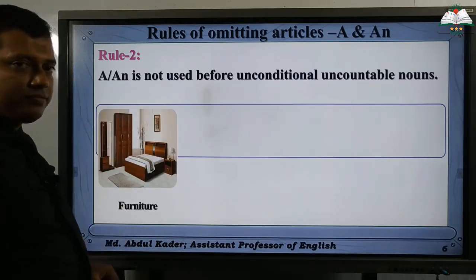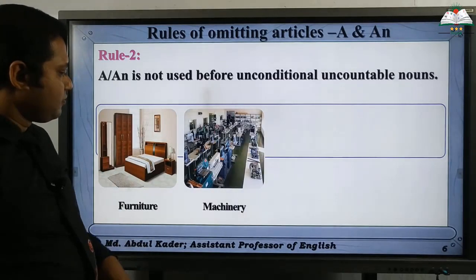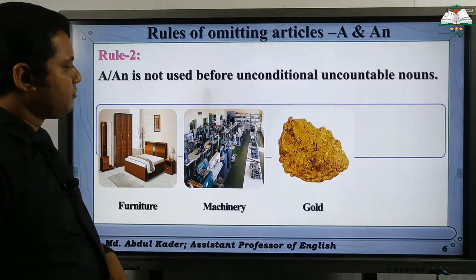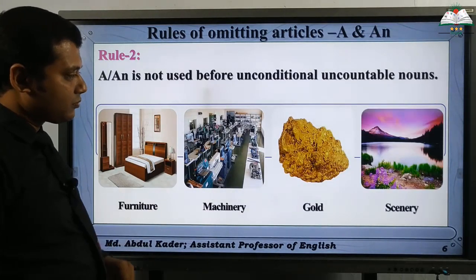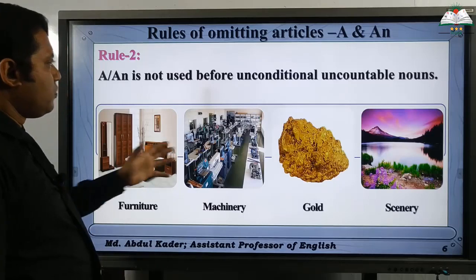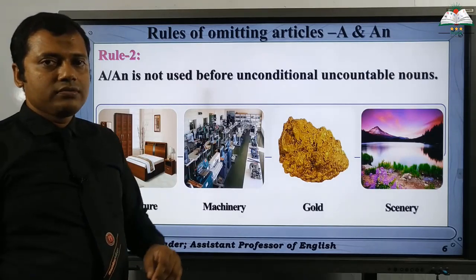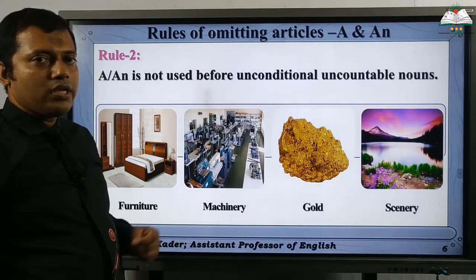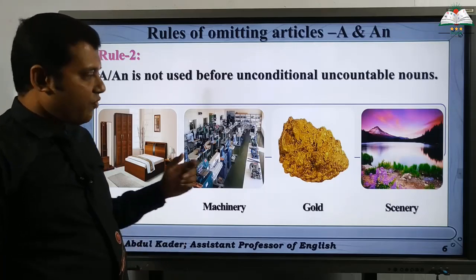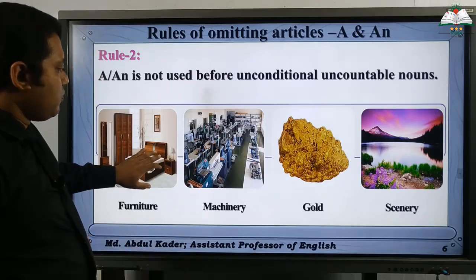See here, furniture, machinery, gold, scenery. So these are all uncountable. That's why you are not allowed to use A or N before uncountable nouns.